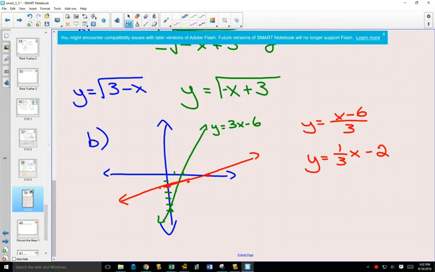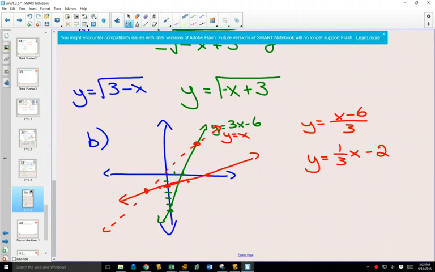How can I tell graphically that those aren't inverses? If you draw the diagonal line, y equals x. What's wrong? If it was flipped over, this point should be the same on both, right? And it's not.